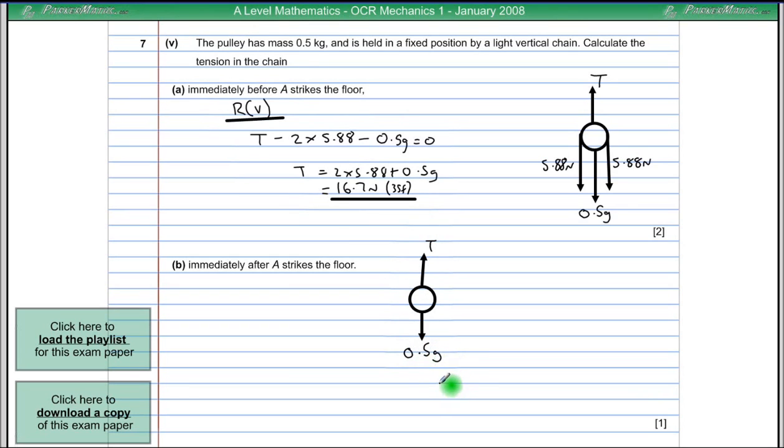So this could quite possibly be the easiest question in the paper. There's no acceleration, so resolving vertically, we get T minus 0.5 g equals 0 because there's no acceleration on the pulley. So T equals 0.5 g, which is just going to be 4.9 newtons. And that's the end of the paper.